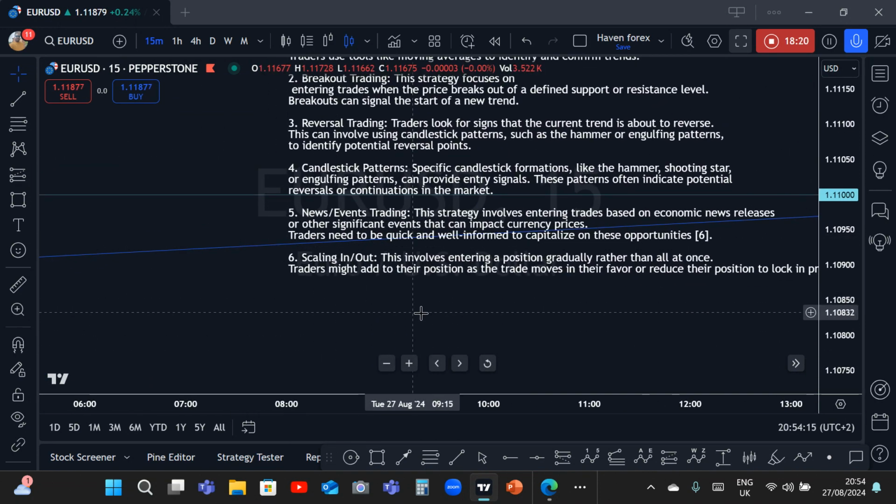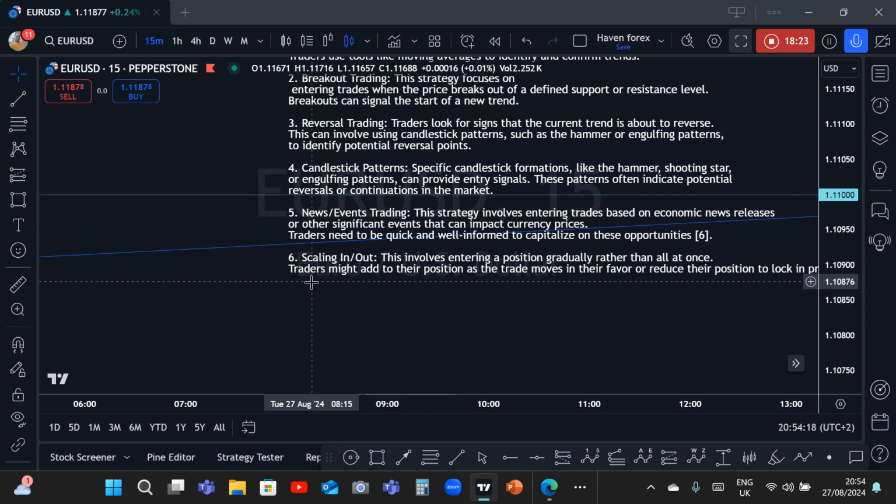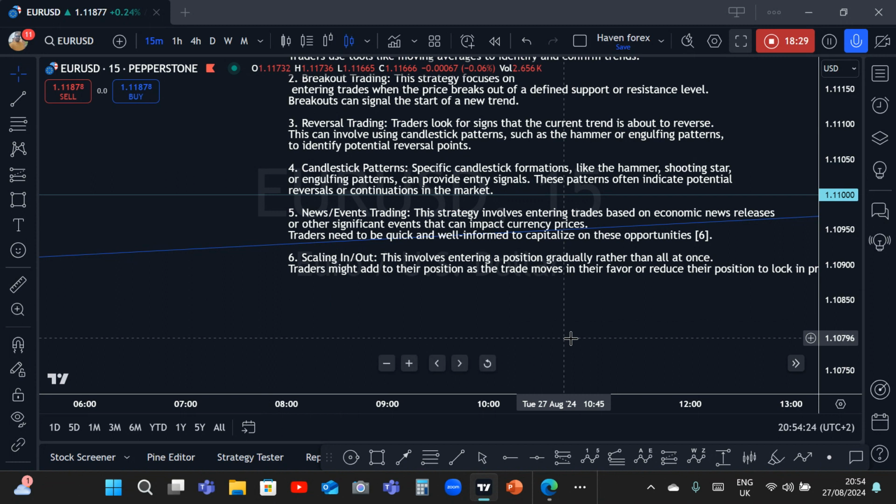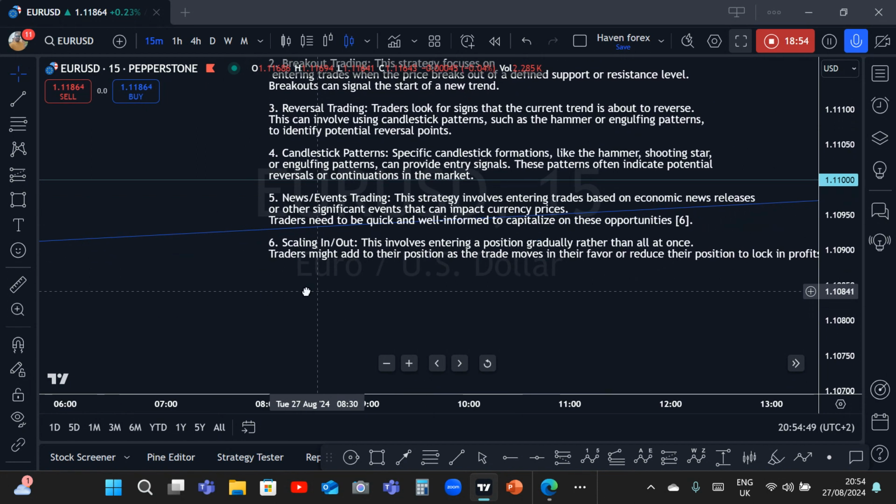Another thing you need to understand is news or events in trading. This strategy involves entering trades based on economic news releases or other significant events that can impact currency prices. Anytime you have this FOMC news, they call it Fed, all those things, anytime maybe the central bank of a country wants to reduce or increase interest rates, just watch out, all right?